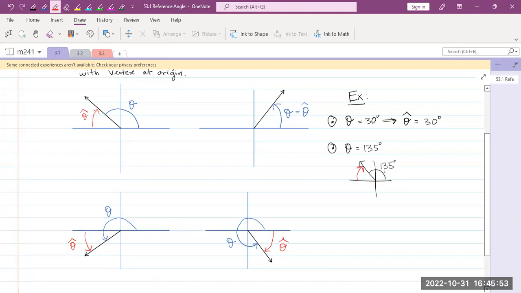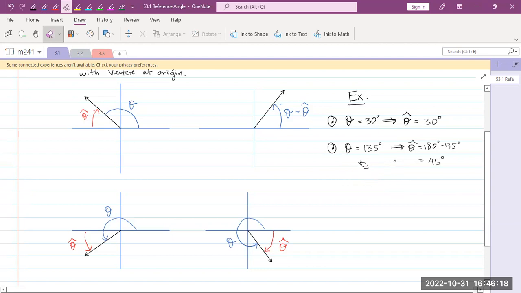Now notice that 135 degrees and the reference angle in this case must be supplementary, right? So the reference angle must be 180 degrees minus 135 degrees, which is 45 degrees. Now remember, reference angle should always be less than 90 degrees.